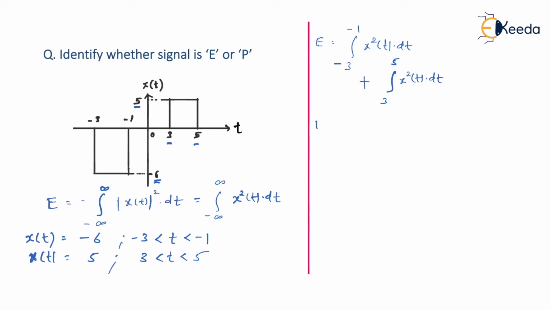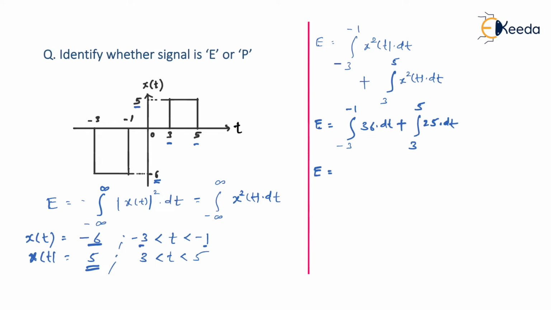Then energy is equal to, from minus 3 to minus 1, just check the value of x of t. From minus 3 to minus 1, x of t value is minus 6, but after squaring it, it becomes 36 dt, plus integrating over 3 to 5. Now between 3 to 5, the value of x of t is 5, but we need to write x square of t, so we need to square 5, that is 25 dt.